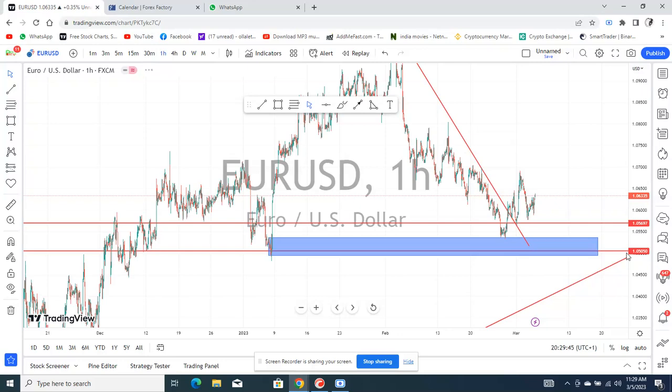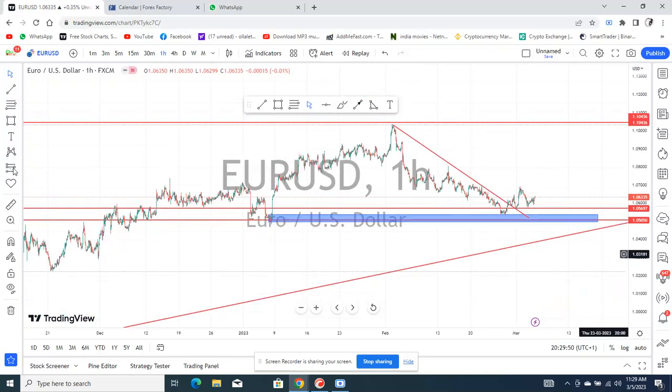This is my bias for EUR/USD. You can see the way price reacts to this demand zone here and kicks in.